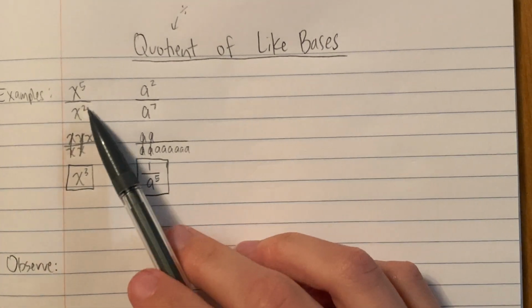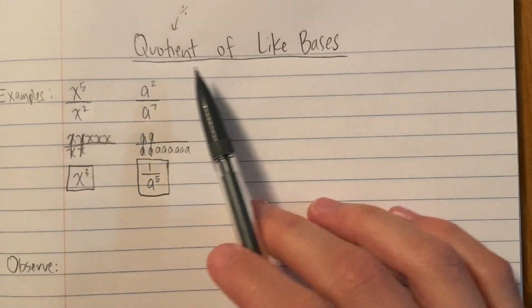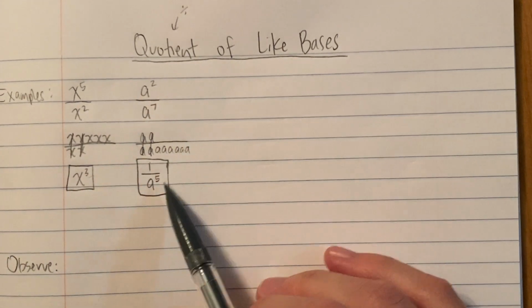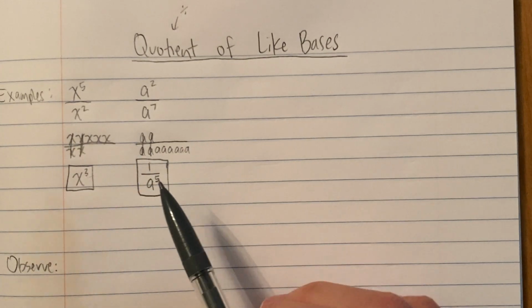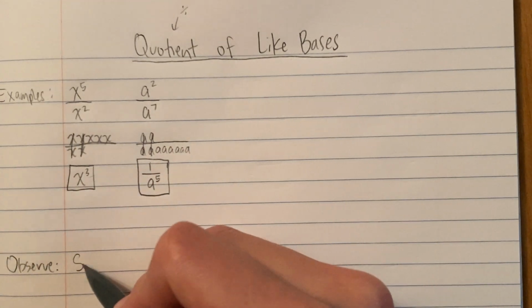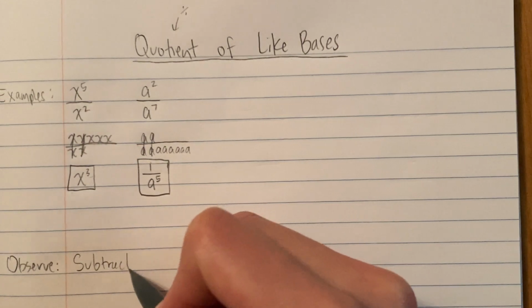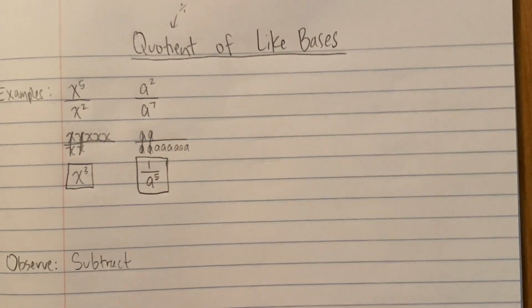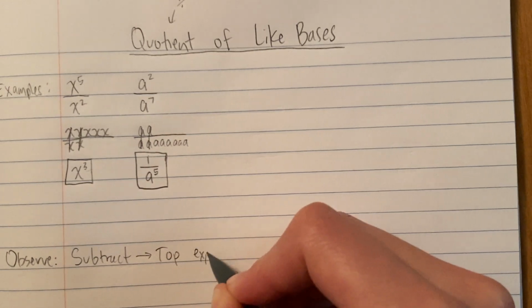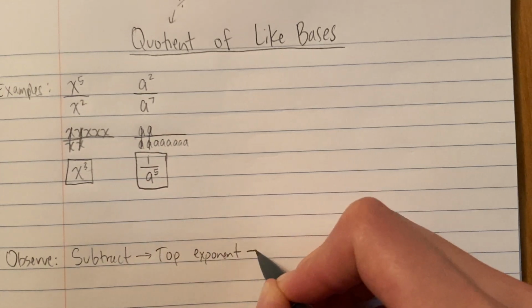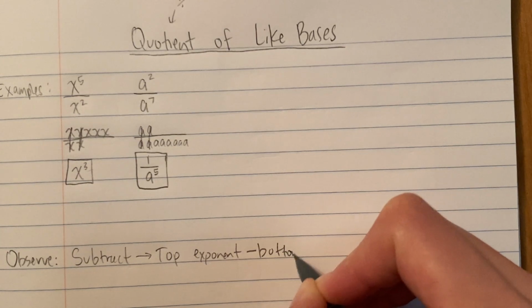Look, 5 minus 2 is 3. 2 minus 7 is negative 5. Now remember, a to the negative 5 is the same as 1 over a to the 5th. So what we're doing is subtracting: top exponent minus bottom exponent.